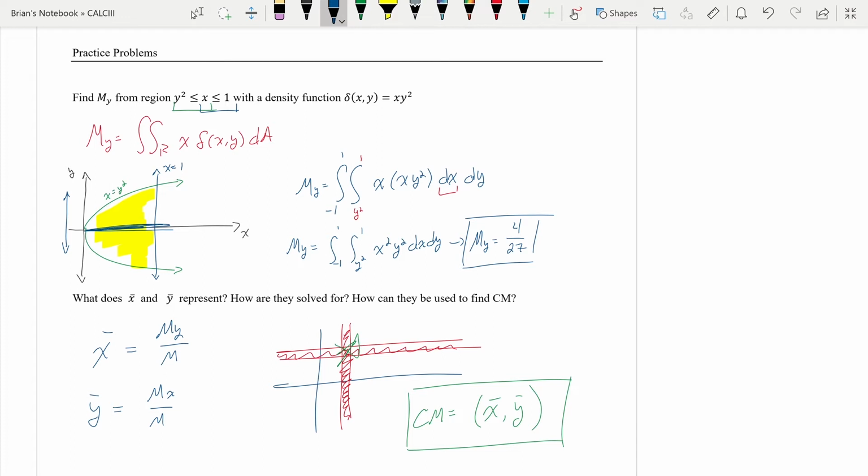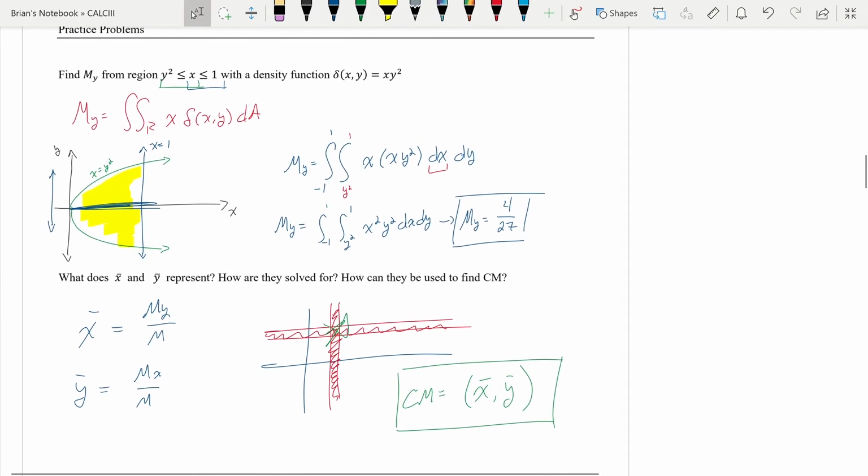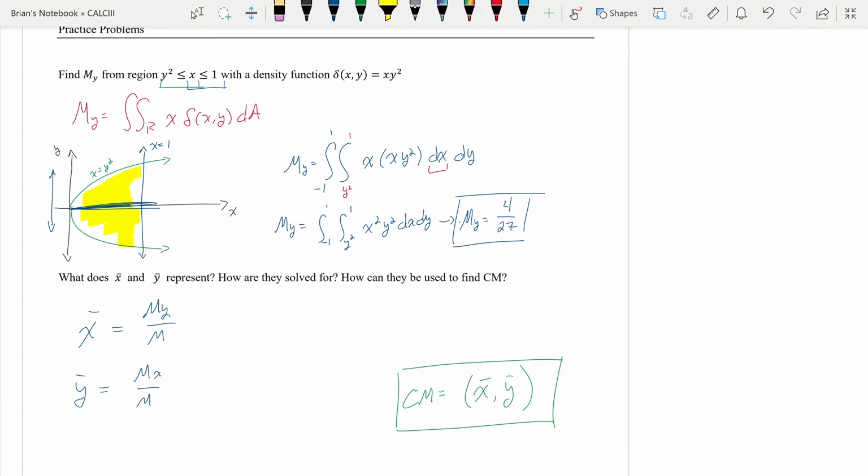And what we have to do is go and look at the density function and see if that is symmetric. So what we care about first is our y bar. Let's try that first, because that might be symmetric. As you can see, and I'll get rid of all of this, we are symmetric across the x-axis, which is great.